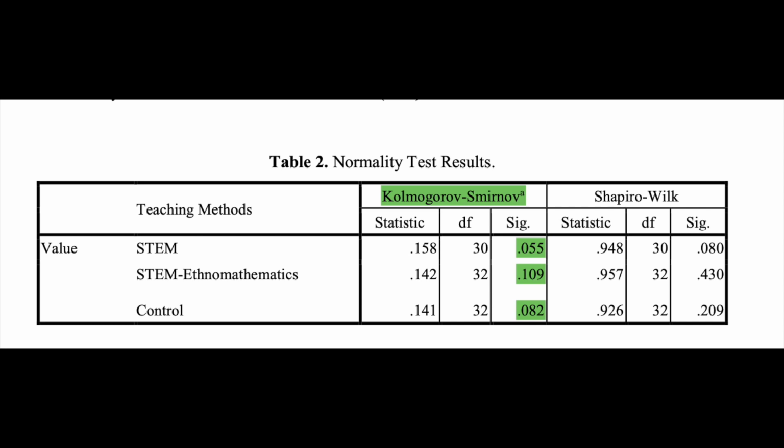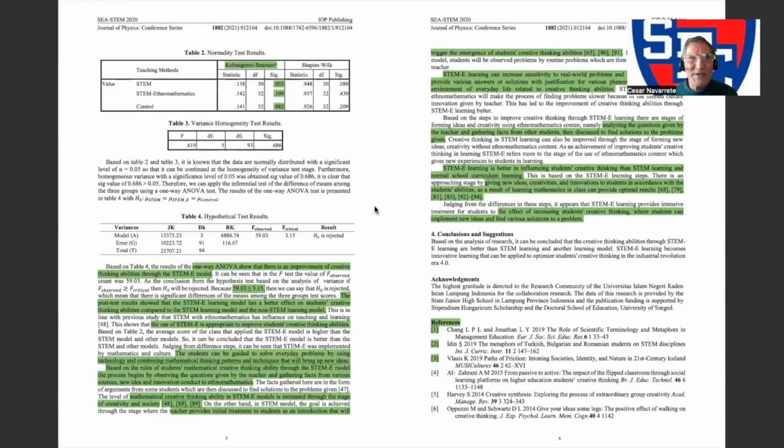In this case, I will look only at the Kolmogorov-Smirnov version, which shows the significance at 0.055 for the STEM class. The STEM-E class shows 0.109 and the significance in the control class is at 0.0. This table shows two different tests, but the different tests are not important to my study, so I will gloss over the rest of this information.